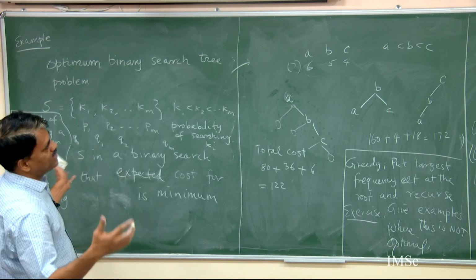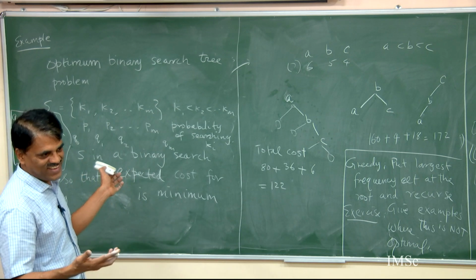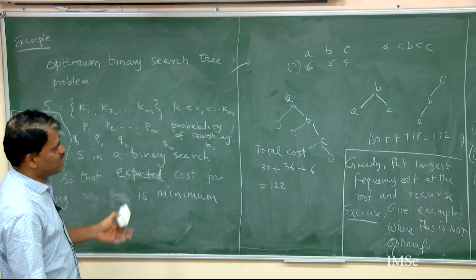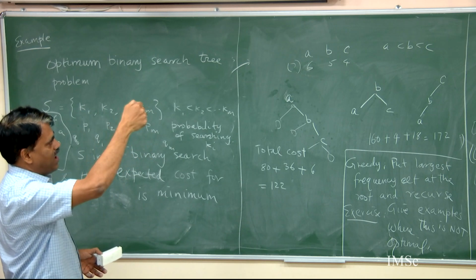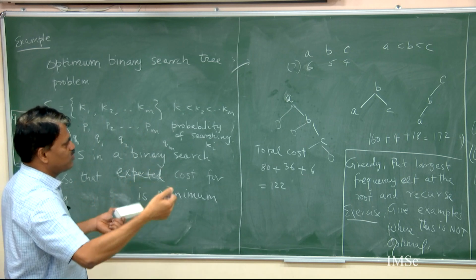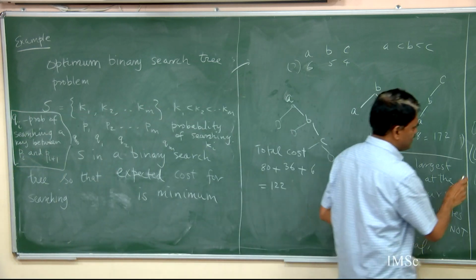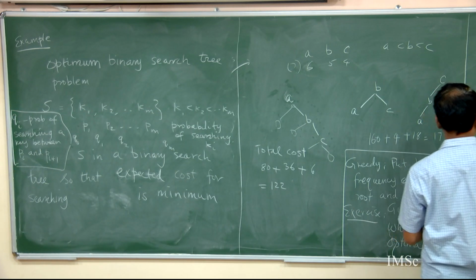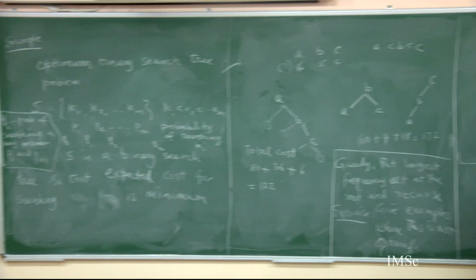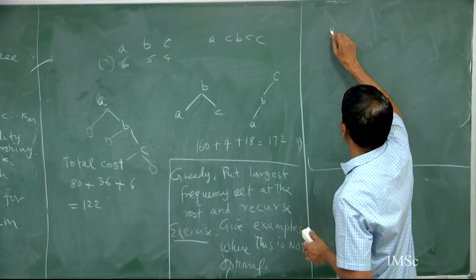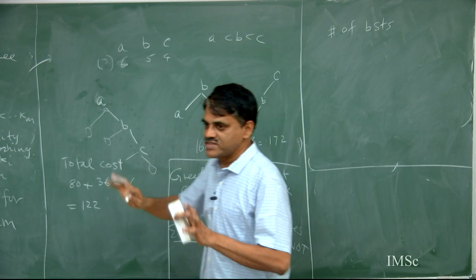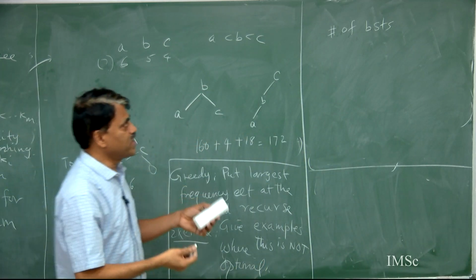Again, how many choices do I have? The Catalan number again, because you pick a root and then there are so many choices for the remaining thing. The number of BSTs is the same as the number of ways of parenthesizing the matrices, the same recurrence. So what would be the recurrence?